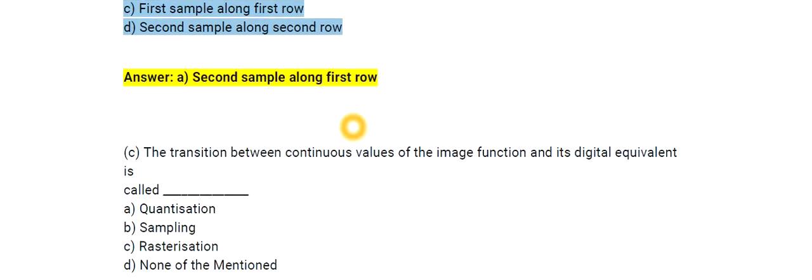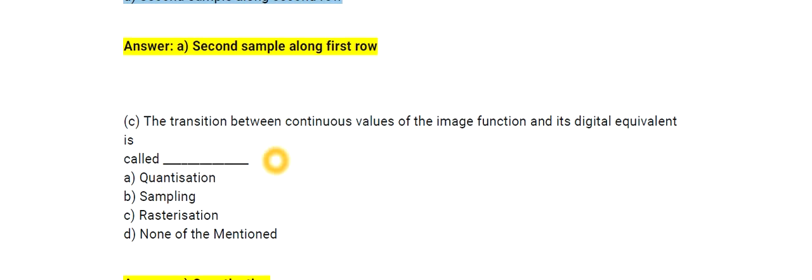Coming to the next question, the transition between the continuous values of the image function and its digital equivalent is known as option A, quantization, option B, sampling, option C, rasterization, and option D, none of the mentioned.